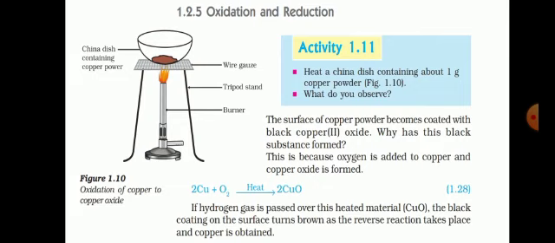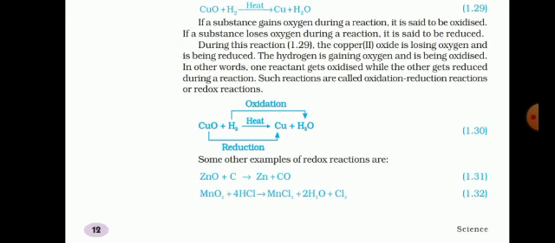So again you can obtain the copper as a result. As you can observe here, oxidation happened, and reduction also is taking place. So this is an example for your redox reaction.